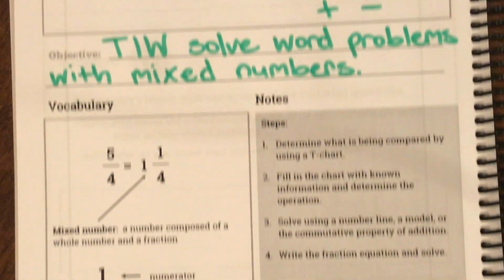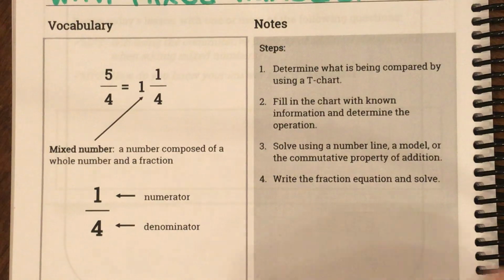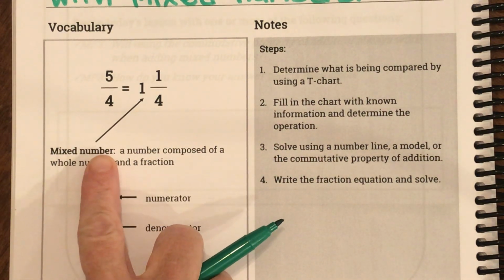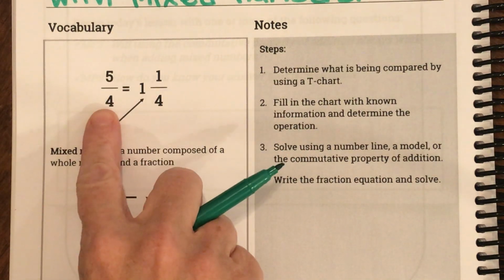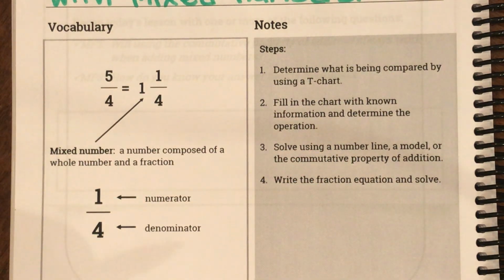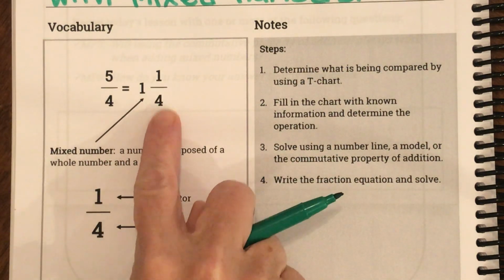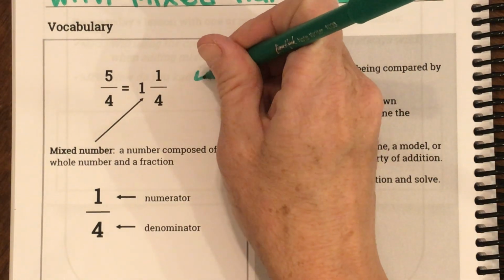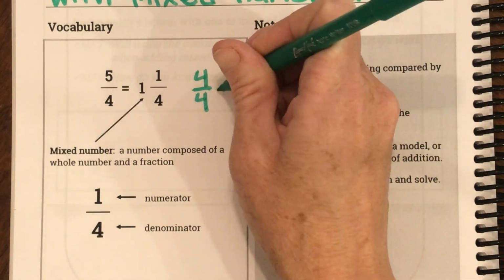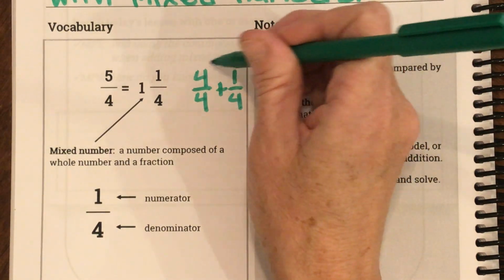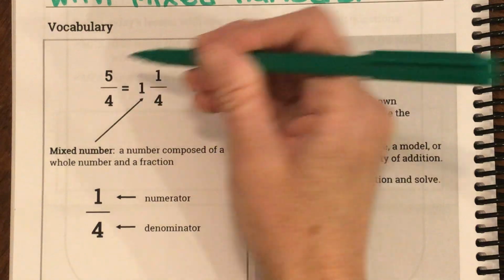Okay, let's look at our vocabulary. Our first one is reminding us about an improper fraction and how an improper fraction is equivalent to a mixed number. And remember, we've looked at this. The reason that 5/4 is the same as 1 1/4 is because 5/4 is equal to 4/4 plus 1/4, because my numerator is 4 and 1 equal 5.